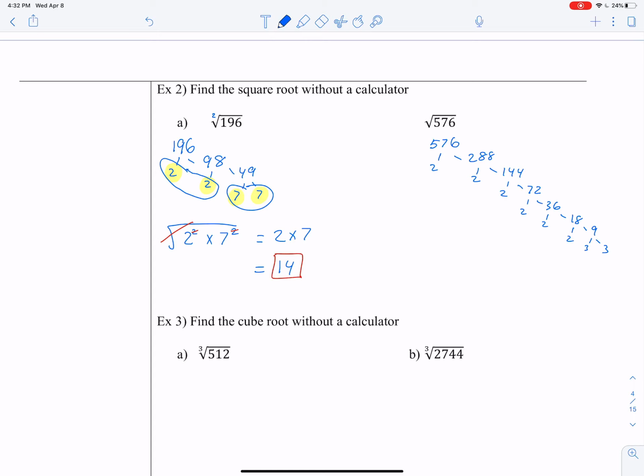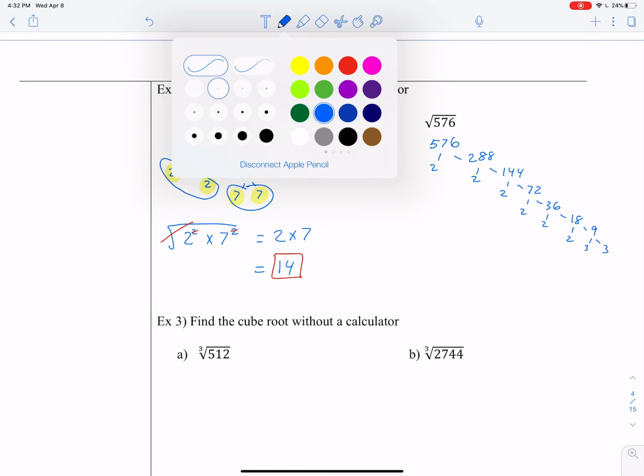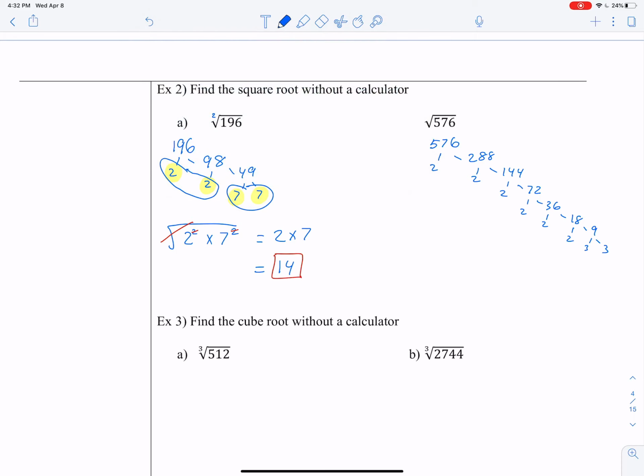Okay, so I'm assuming that you gave it a try. So now we're going to look for our identical pairs. So this index is 2. So we're going to look for pairs of 2. I'm going to write that. Each of these pairs is going to be represented with an exponent.